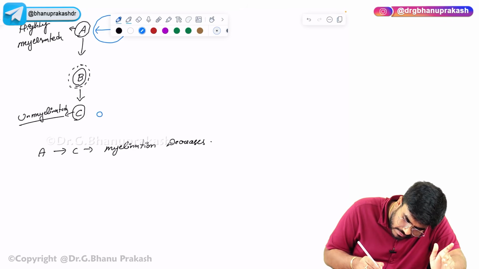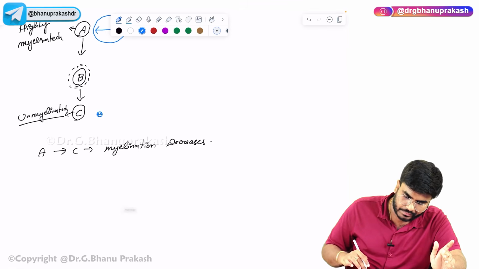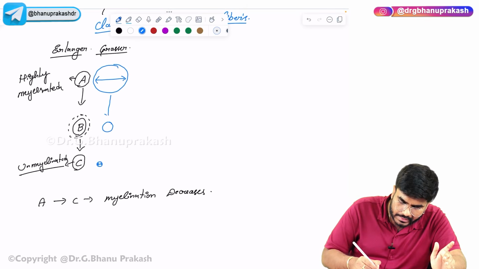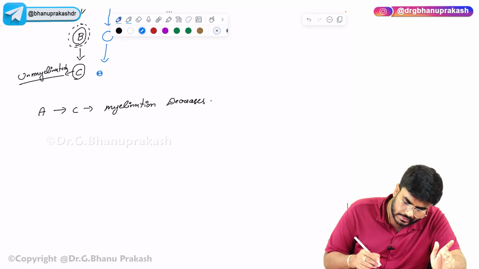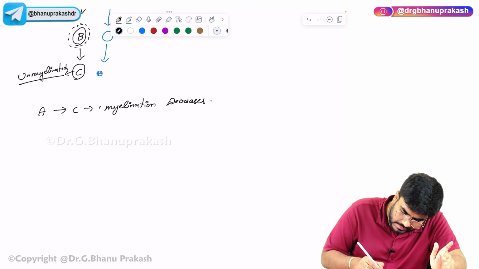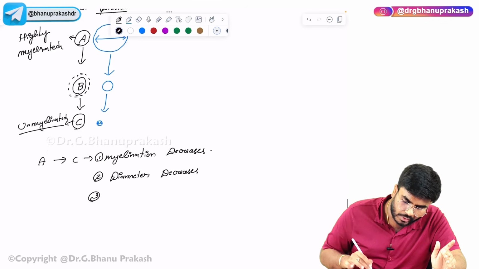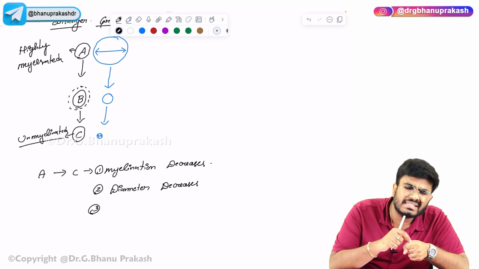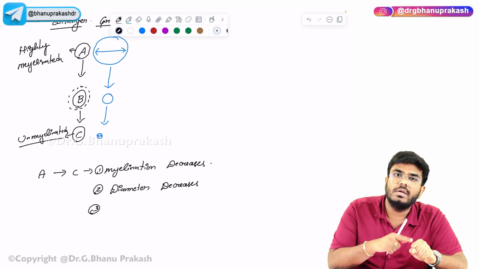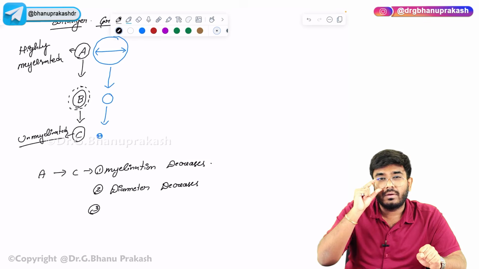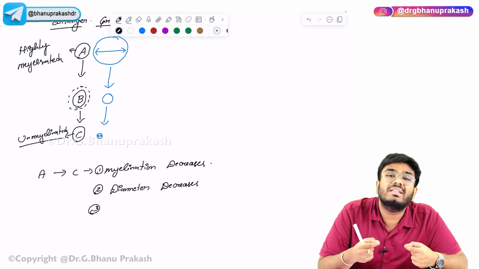And if you look at the C fibers, they have less diameter. B fibers are intermediate. So when you are going from A to C, what happens to the diameter? Diameter decreases. And third point, as C fibers have less diameter, for the conduction of electrical impulses it will be hard, there will be more resistance.